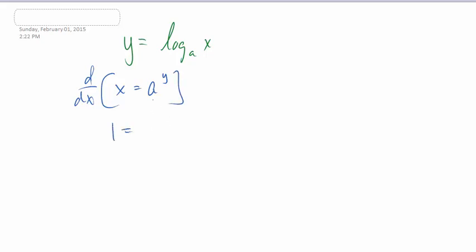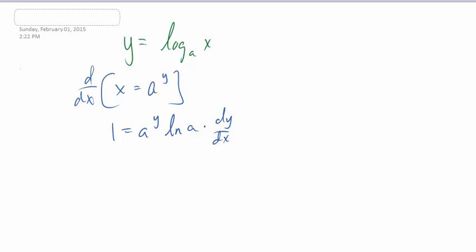So we have 1 equals a to the y natural log a, that's the derivative of the power a to the y, but times dy/dx. Because of implicit differentiation: the variable in the exponent wasn't x, it's y.